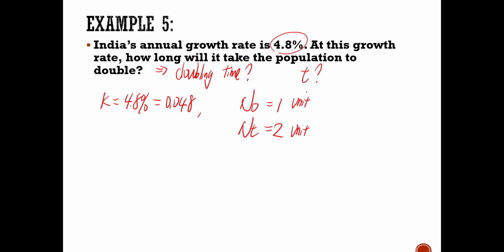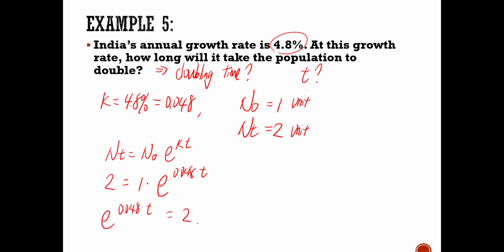So we're applying all this into the formula. Nt equals N0 times e to the kt. And now right here, 2 units go to the left, and 1 times e, k is 0.048 times t. So very similar procedure. We're going to solve for time t. So 1 times e to the 0.048t equals 2.